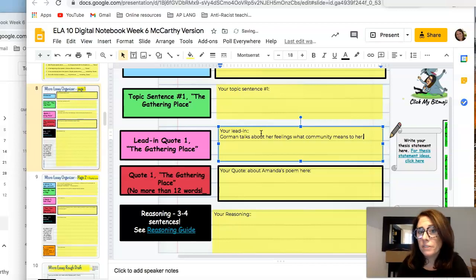If I want to level this up, I would say describe her feelings. Positive or negative? I always start there in description. Is it positive? Is it negative? Well, it's positive, so positive feelings. And then read it back to yourself to see if you have missed words. Gorman talks about her positive feelings about what community means to her.